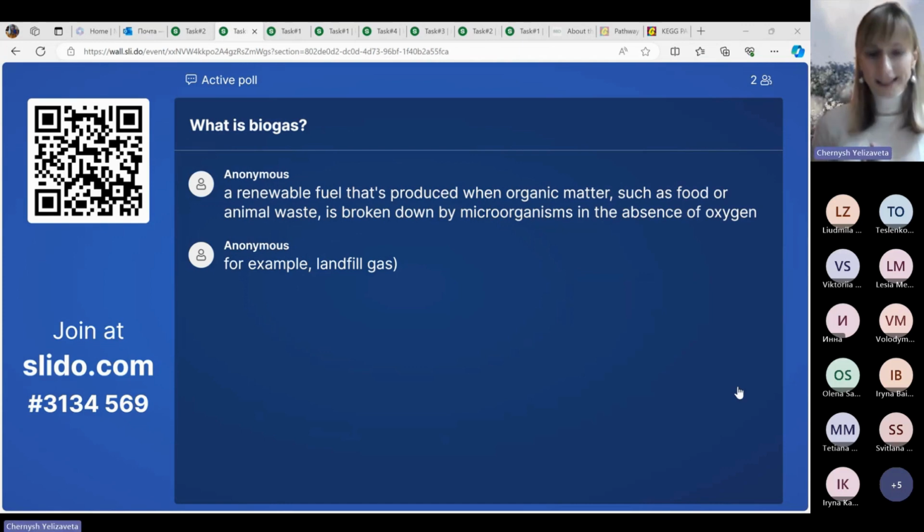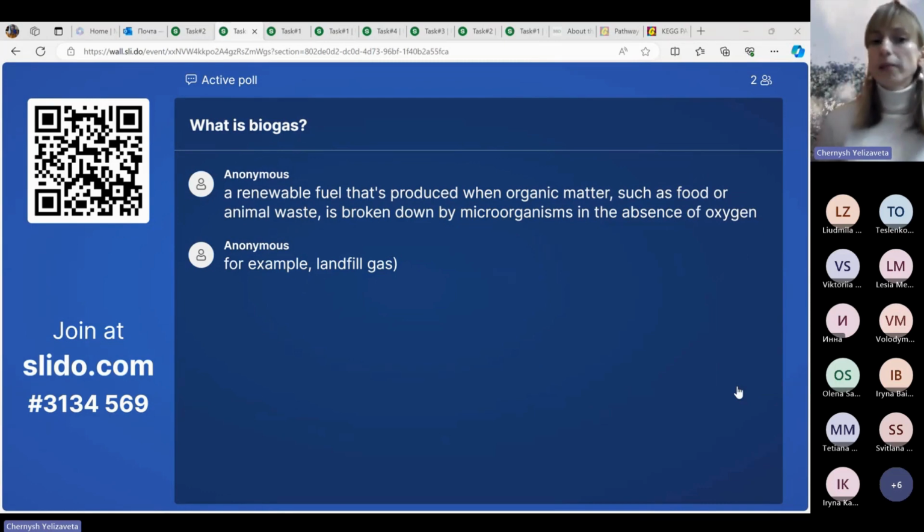But the most important thing that should be known about this is the composition. Please think, what is the composition of biogas? Because we can use biogas as natural gas.